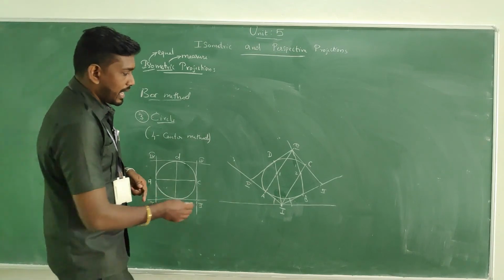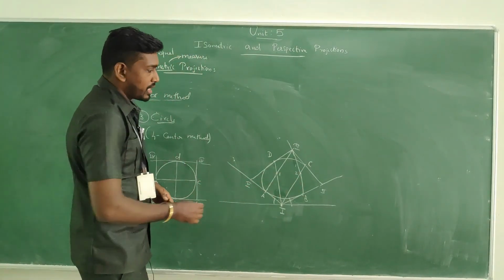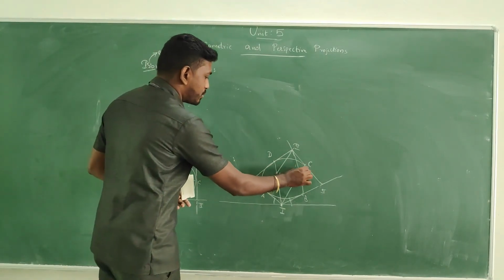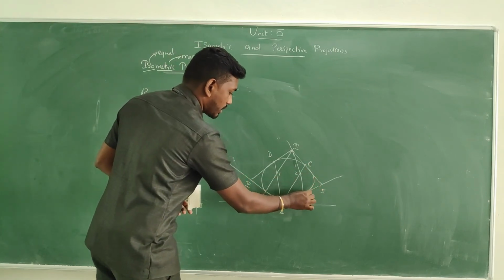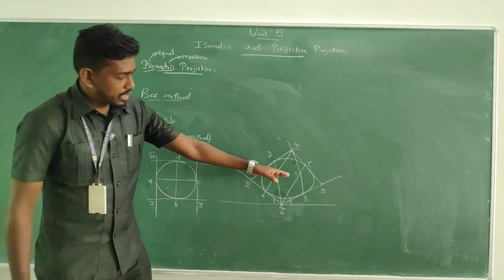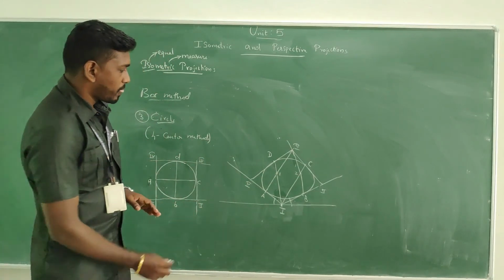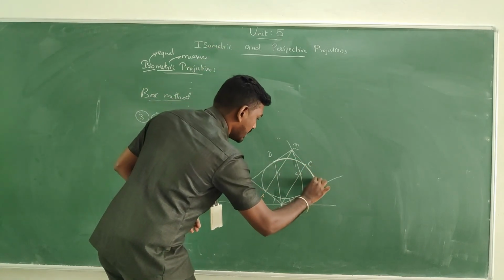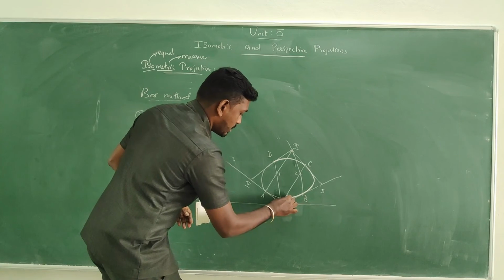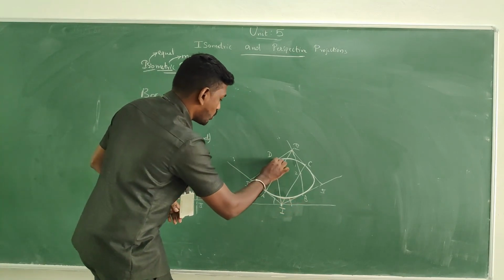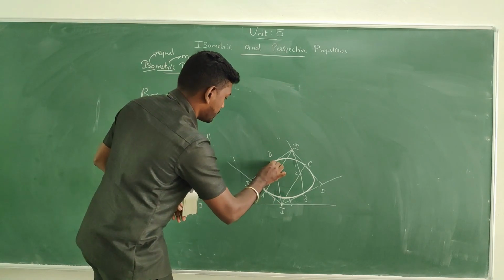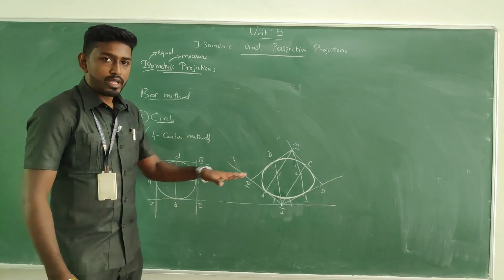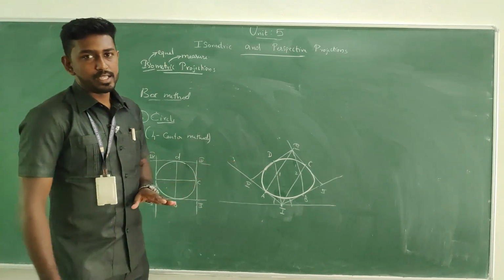Then keeping at 2, take the measurement 2 to C. Fix it as radius and keep 2 as center, go for an arc, so that we get an arc something like this. So in the isometric view, the circle can be seen as an ellipse. After finding the trace, go for a dark line. So this is the representation of a circle in the isometric view. Just follow this procedure in order to get the shape.